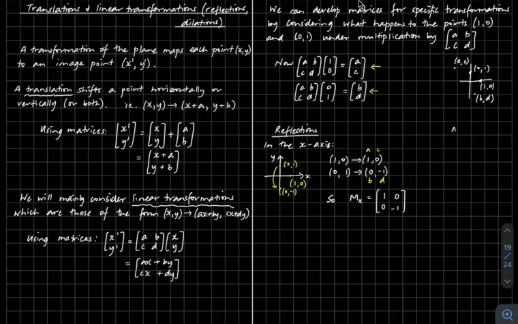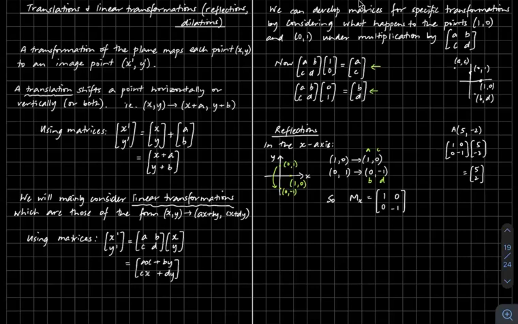So, take the point 5, negative 2. Multiply it by this matrix here, 1, 0, 0, negative 1. If I multiply that by the point with coordinates 5, negative 2, what does that produce? Well, 1 times 5 plus 0 times negative 2 is 5. 0 times 5 plus negative 1 times negative 2 is 2.